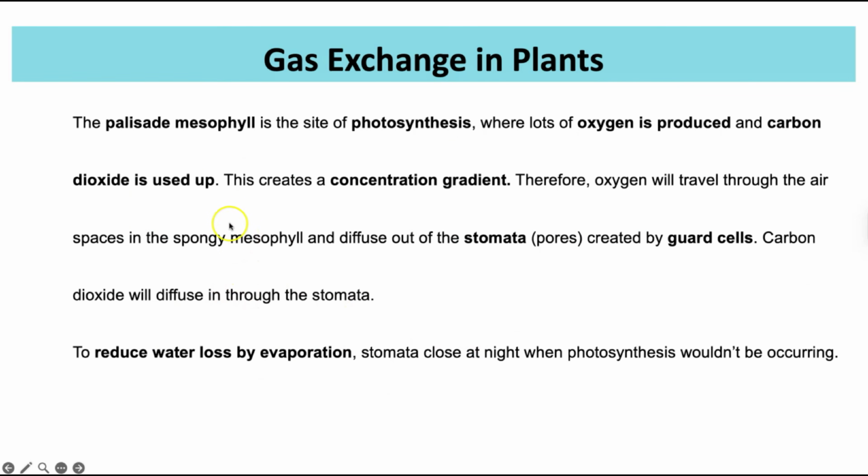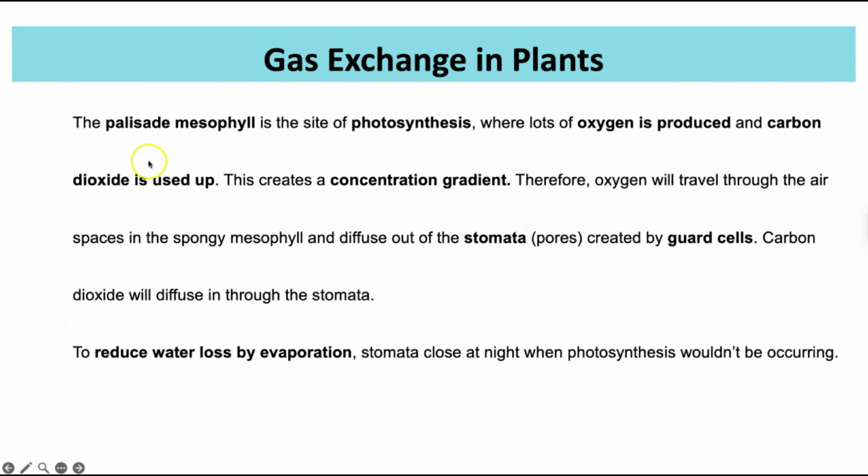So gas exchange in plants then, the palisade mesophyll, as we just said, that is the site of photosynthesis. So that is where lots of oxygen is going to be produced and carbon dioxide is going to be used up. That is what is creating the concentration gradient. So because we have that concentration gradient, oxygen will then travel through the air in those spaces in the spongy mesophyll and diffuse out of the stomata created by the guard cells, assuming that oxygen is not being used in respiration.